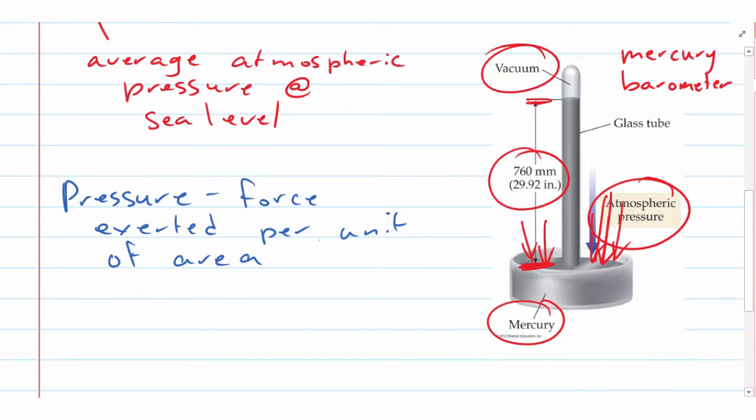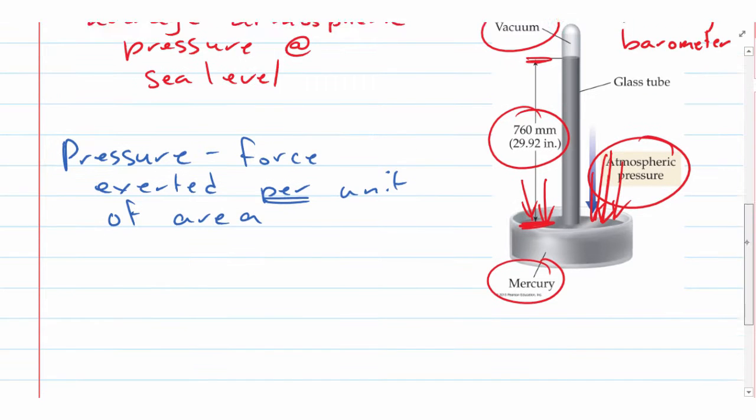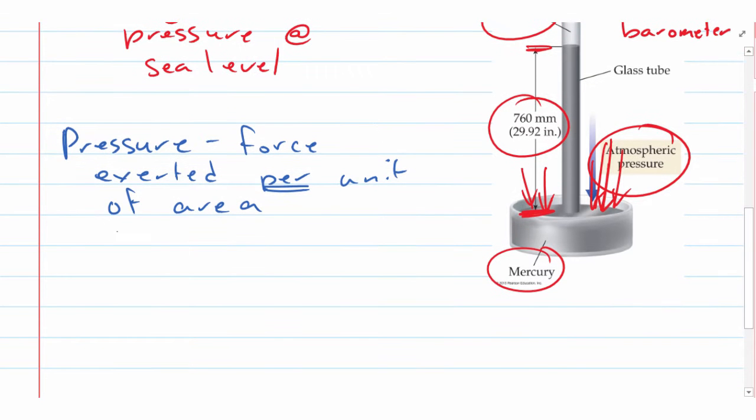So now, in mathematics, if we looked at the word per, what does the word per mean to do in math? It means to divide. So we want a formula here. We would say that pressure is equal to, what's going to go on top? Force over area, exactly. Force divided by area.